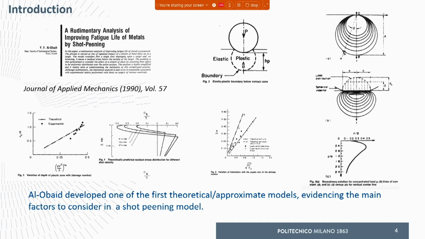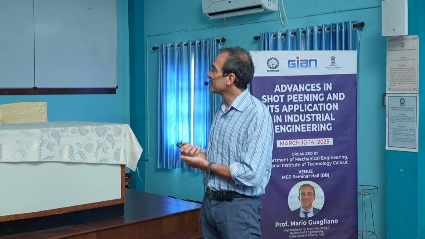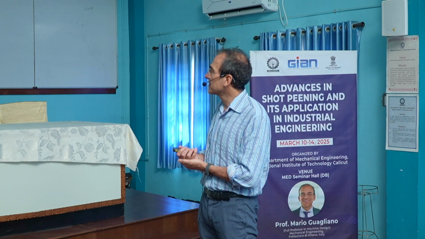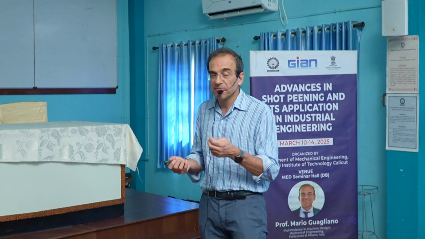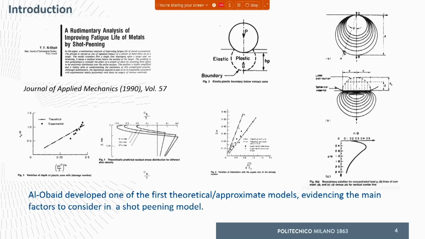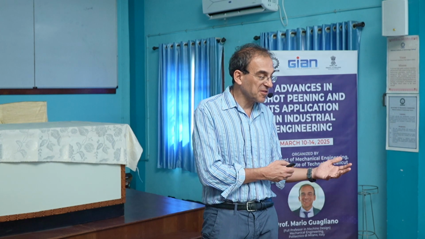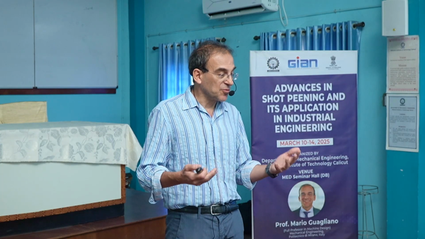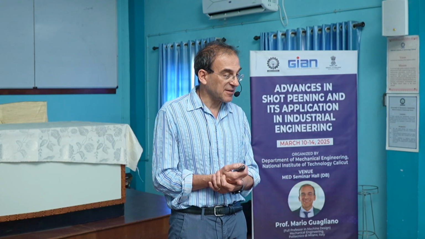And here I go back to what can be considered as the first tentative attempt to simulate shot peening, or better to develop a theoretical model that was able to relate the residual stresses, in this case, to the shot velocity and some other parameters.